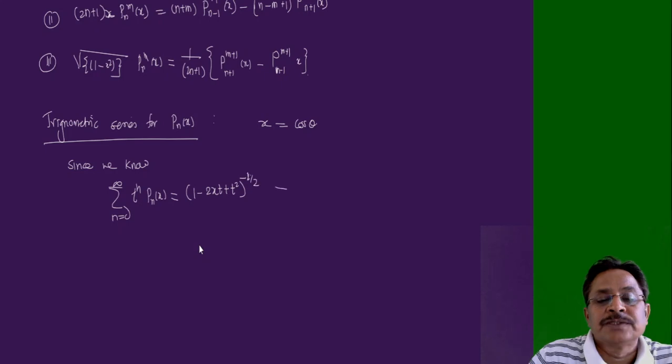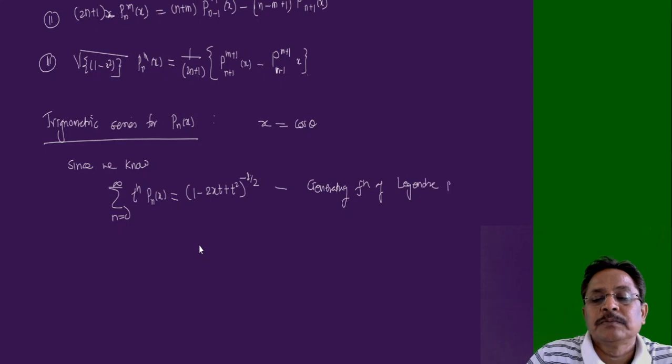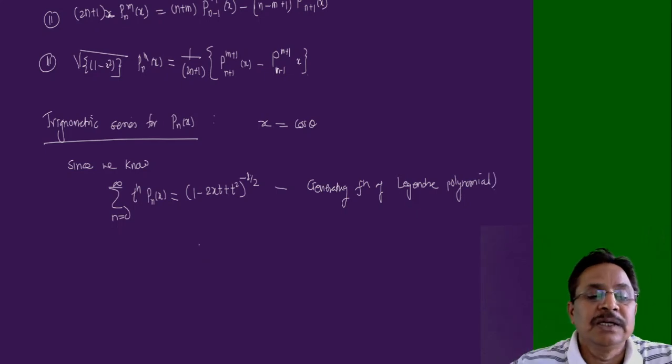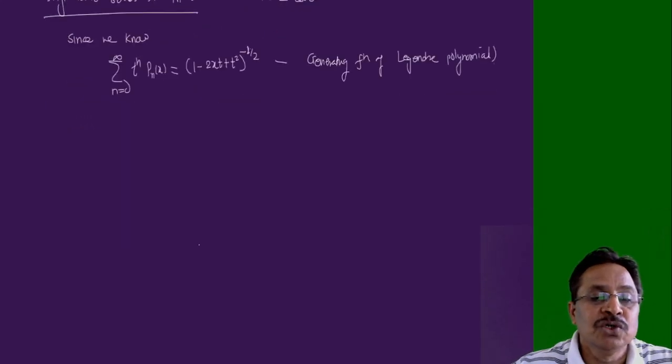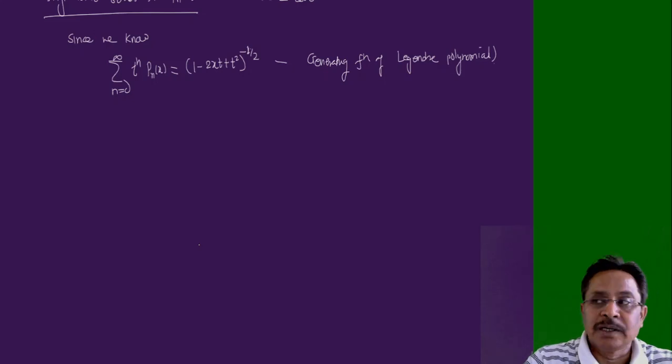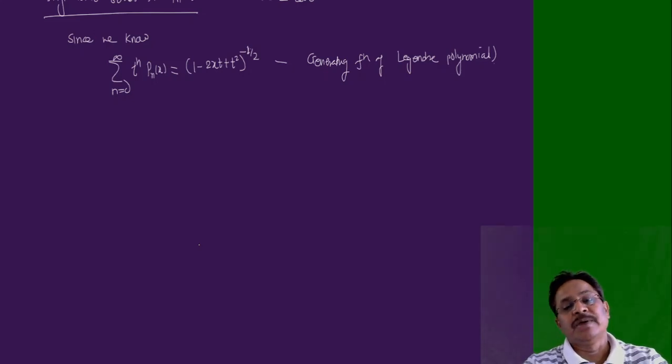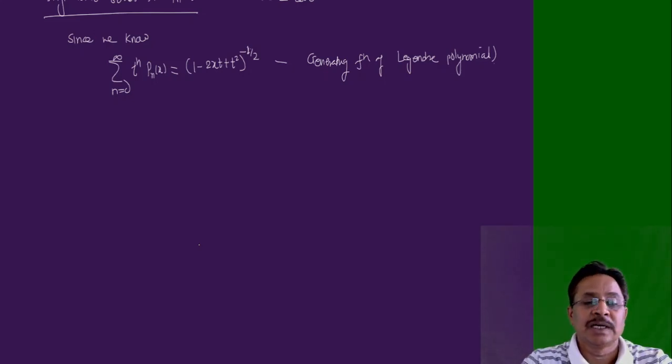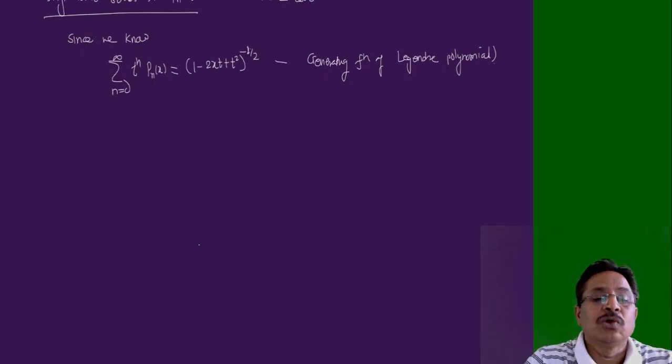This is the generating function of Legendre polynomial. We have seen this in the very first lecture of the chapter. G of x, t is equal to (1 minus twice xt plus t square) raised to minus half. That is called the generating function of Legendre polynomial.